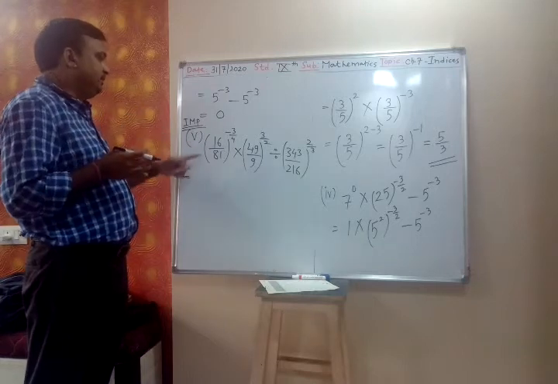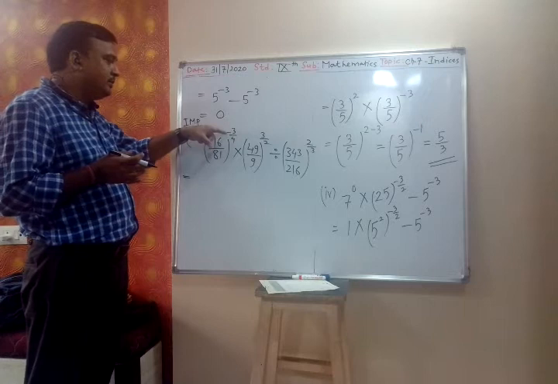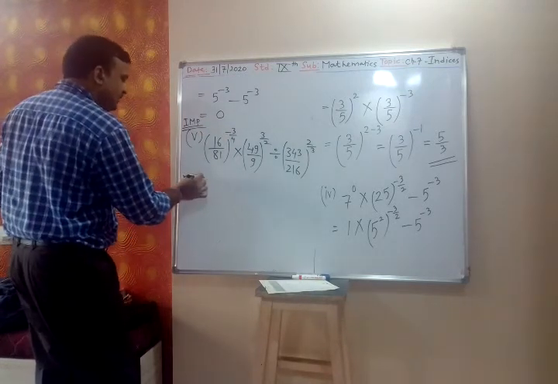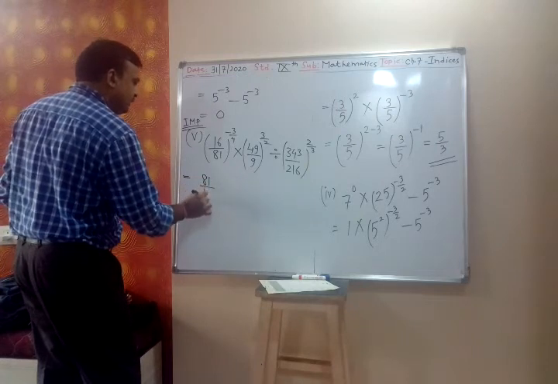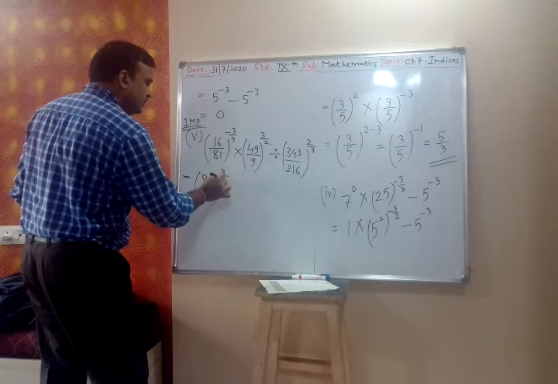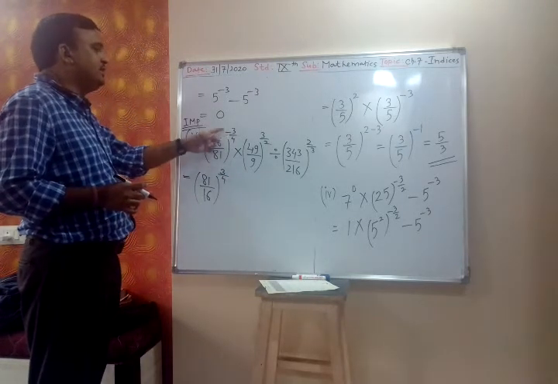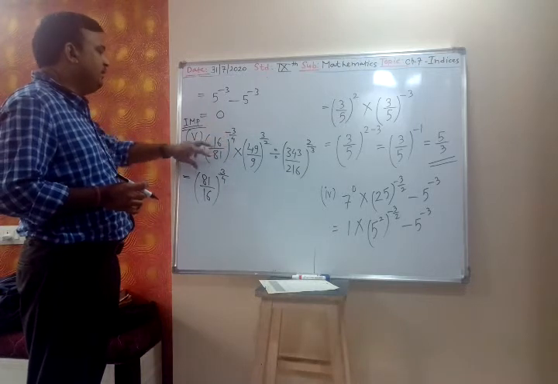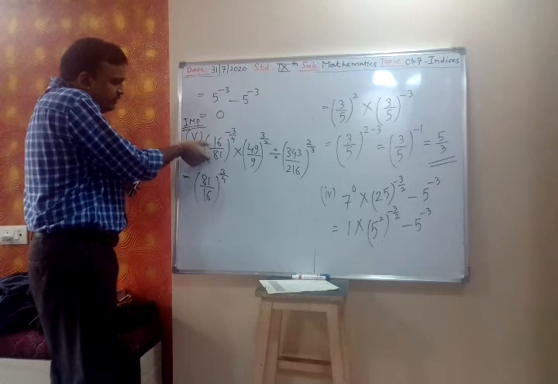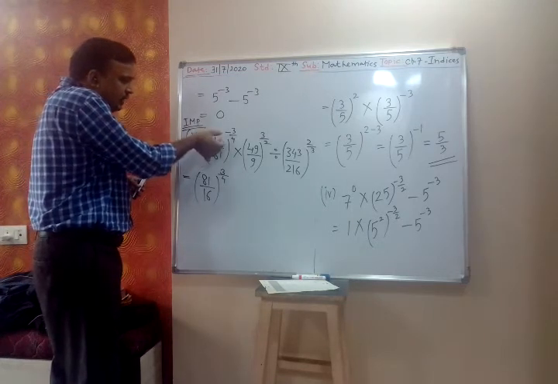Now it is 16 upon 81 and the power is negative. So I will take reciprocal, and the power will become positive. So this I will write 81 upon 16 raised to plus 3 by 4. See, we are not taking reciprocal of the power, only we are changing the sign of the power.